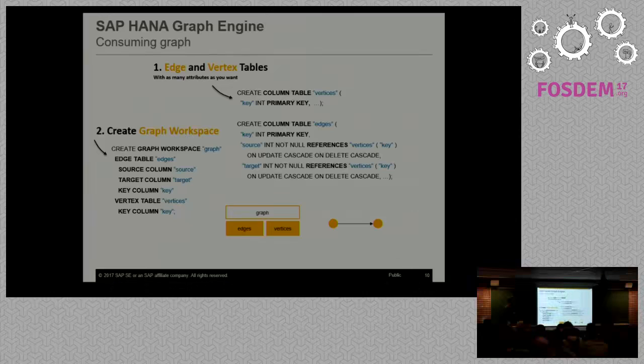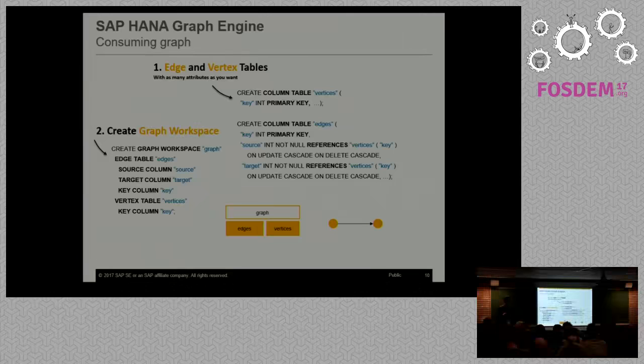So we can create a column table, vertices, and define it with a key and additional attributes as you want. Then we have the edge table, in which you provide the key column, source and target column, and the source and target columns should reference the key column of the vertex table to enforce that the graph is consistent.